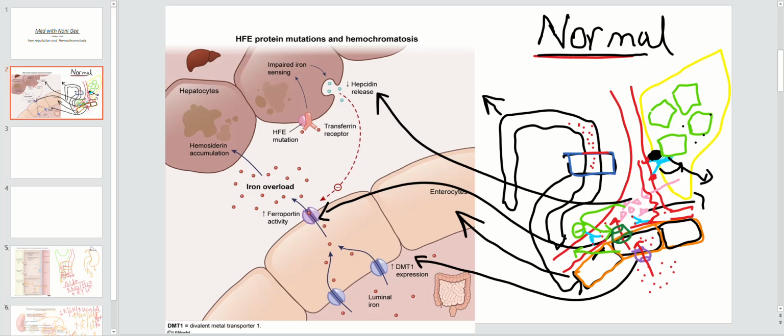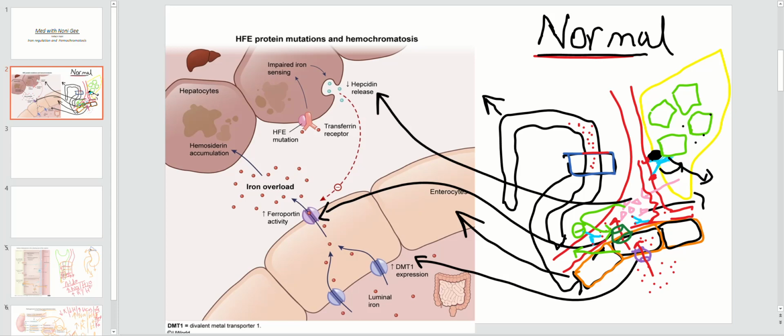It is normally inhibited by the hepcidin, which is produced by the liver when your HFE protein internalizes the transferrin along with the iron complex, and iron is stored in the liver, right?